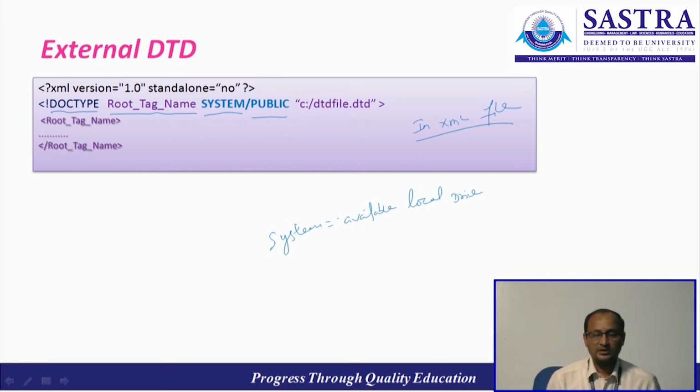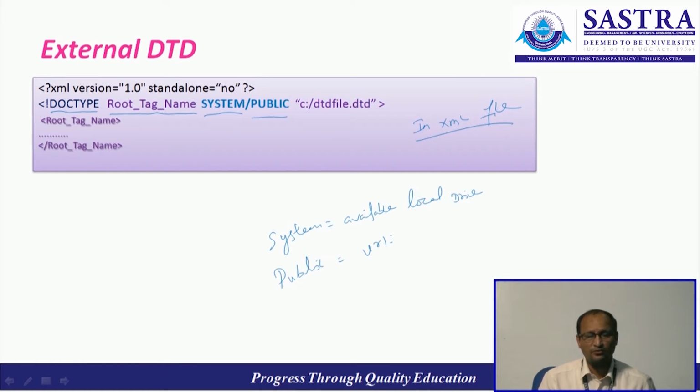Suppose the file we have created is available at a public URL, then we should give PUBLIC. It is available at a URL. We have kept the file as a common file. Any author can make use of the same DTD file in their environment to validate their XML document.